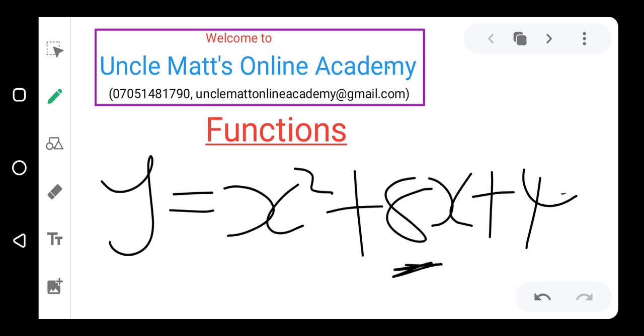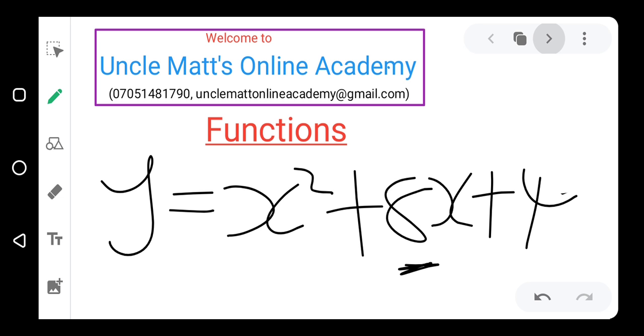We divide the b by 2 and square it, then add it and subtract it on the same expression. Because if you add the same value and subtract the same value from an expression, it doesn't change the expression.